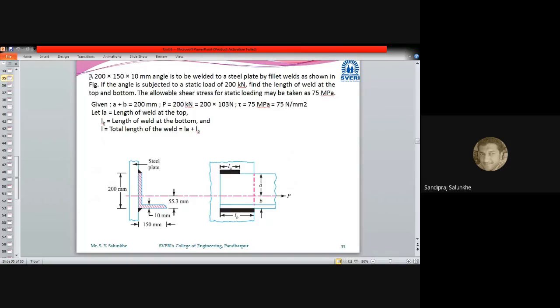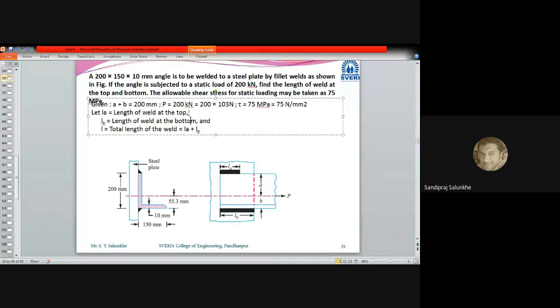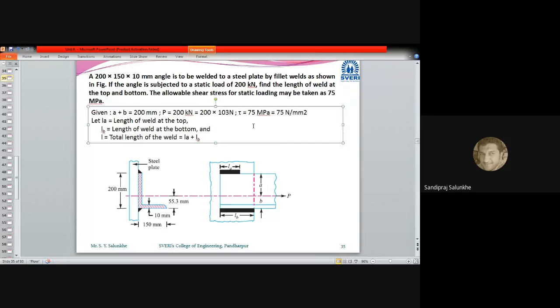Here you can see the statement, this problem statement I will read. Okay. So in the statement it has been stated that a 200 by 150 by 10, that is 200 length, 150 width and 10 millimeter thickness angle is to be welded with the steel plate by fillet welds as shown in figure.